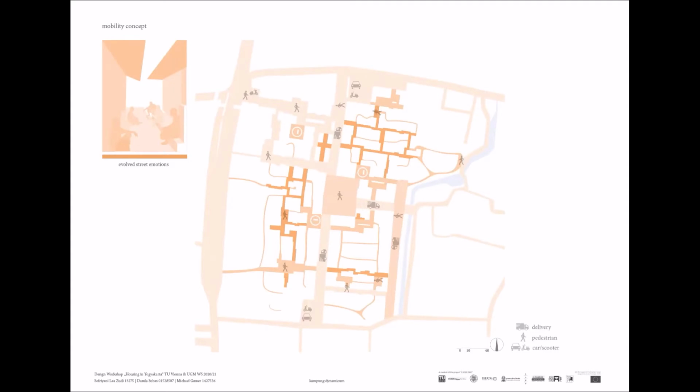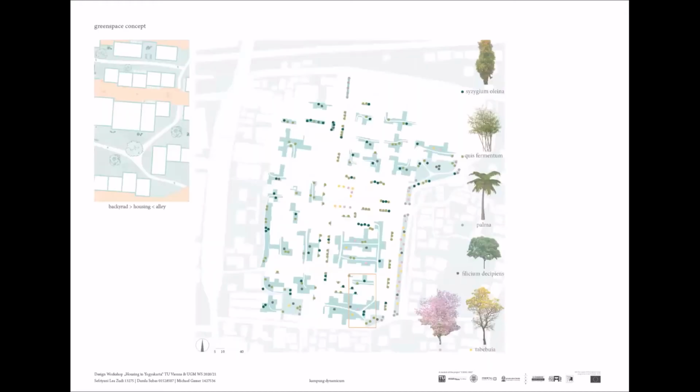And then we have also the green space concept, and every housing we have is orientated into two directions. One is the backyard, and one is the semi-open area or the movement area, which are simply alleys or open spaces.